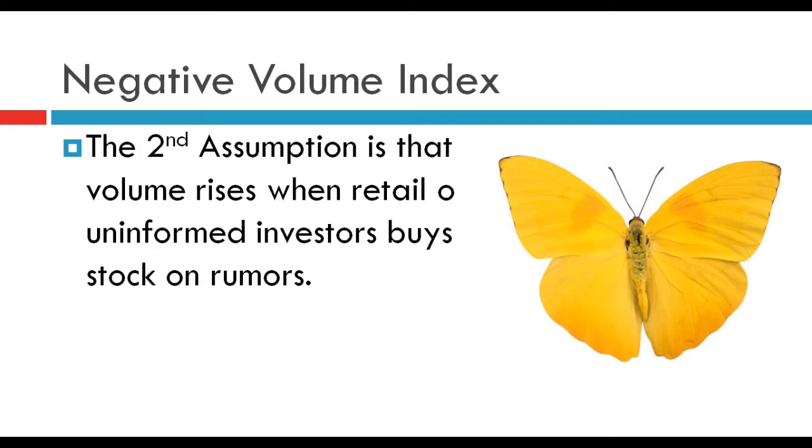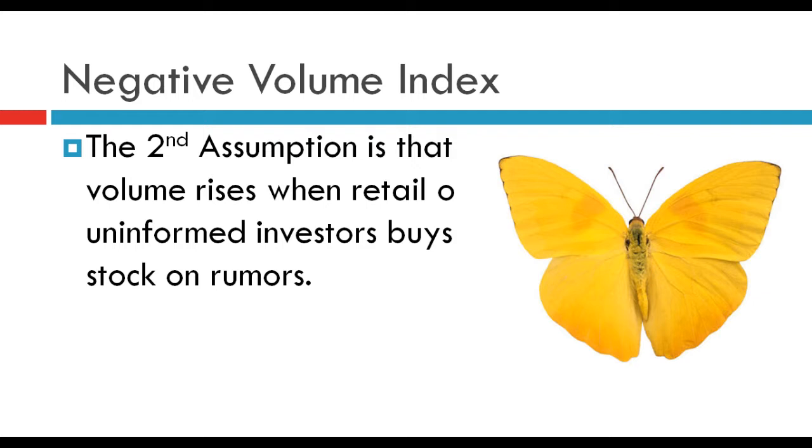The second assumption is that volume rises when retail or uninformed investors buy stock on rumors. Now, if you have traded markets, you would have known that there are many kinds of rumors coming in. And when you see price rising, you as a retail investor always try to jump onto the bandwagon.